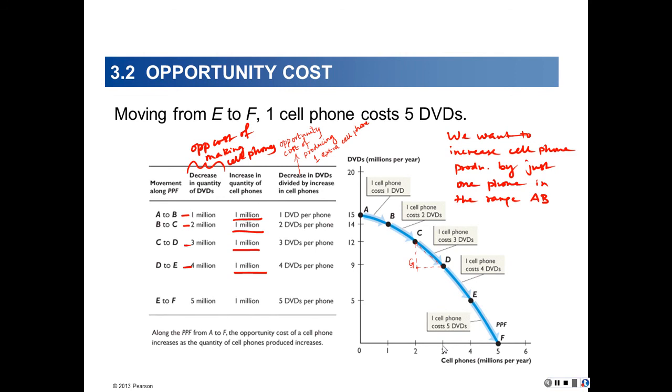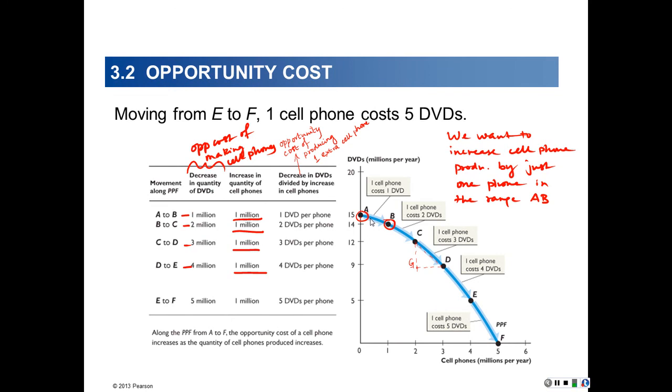In other words, we don't want to go all the way from A to B. We don't want to go all the way from A to B. Rather, we just want to go a little bit of the way. Do you follow me? We want to just increase our cell phone production by one phone, not a whole million, but just one phone. Yes?